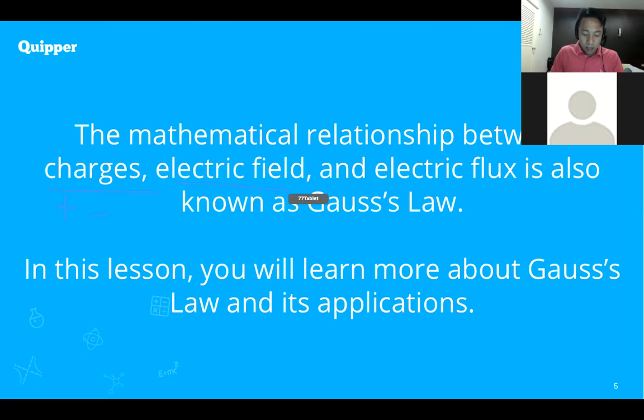Electric field, these are the lines, and electric flux, this is the surface passing through, or this is the surface that is used to catch the charges or the electric fields, is also known as Gauss's law.